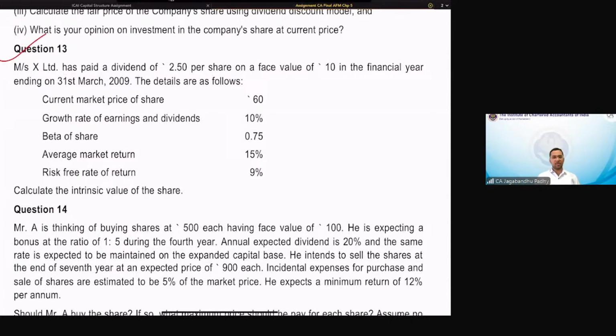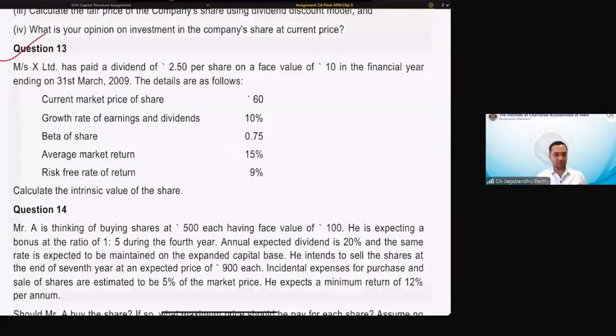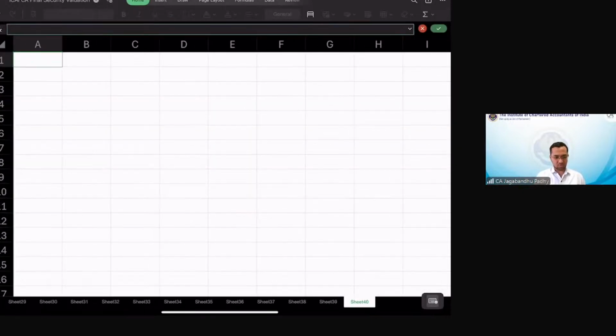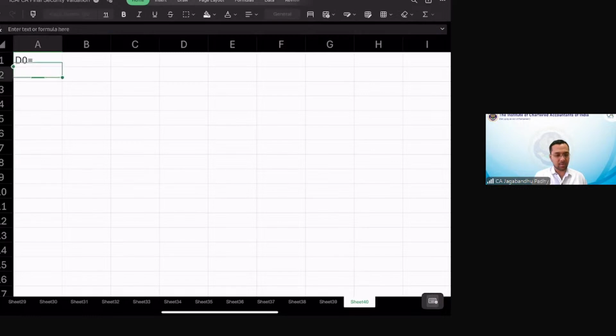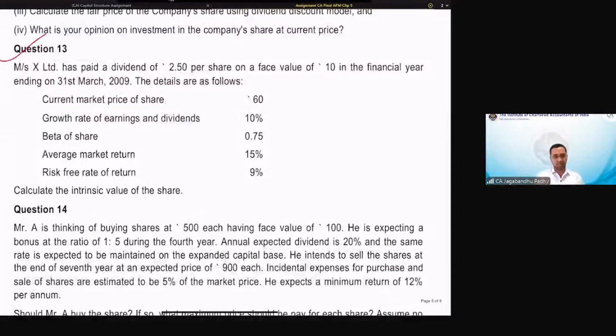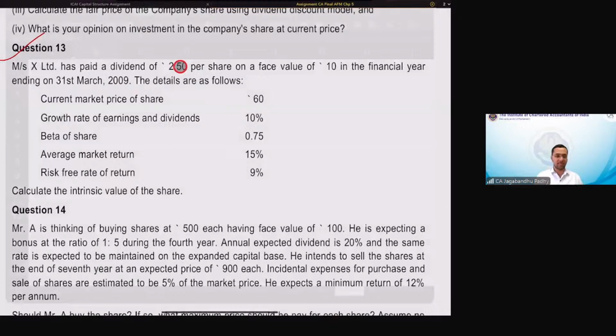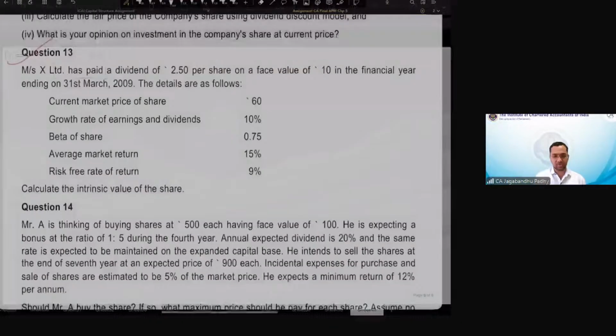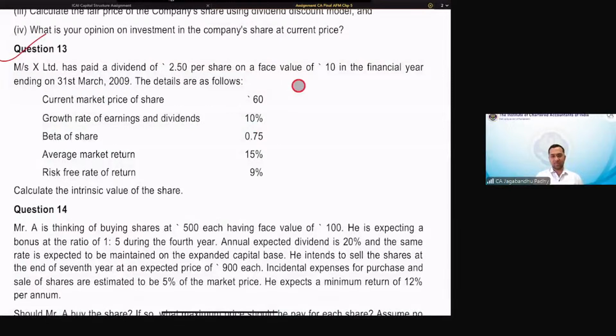X Limited has paid a dividend of 2.5 per share. Of course, has paid means 2.5 is D0, the dividend paid in the last year, on a face value of 10.